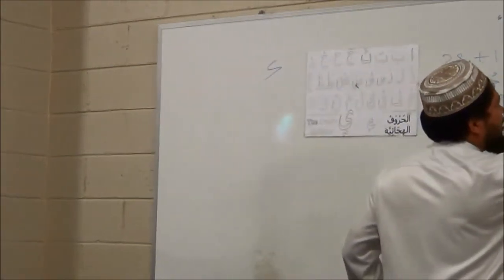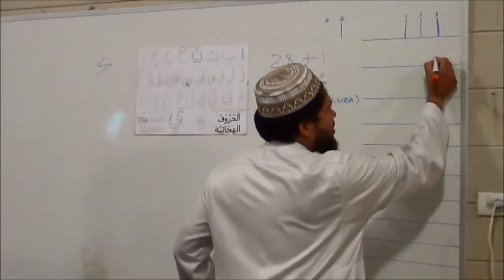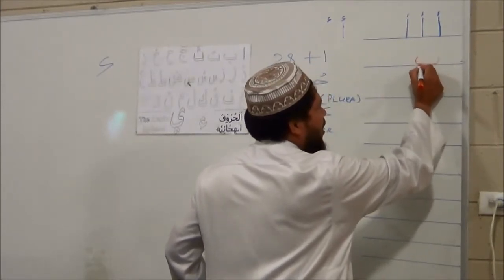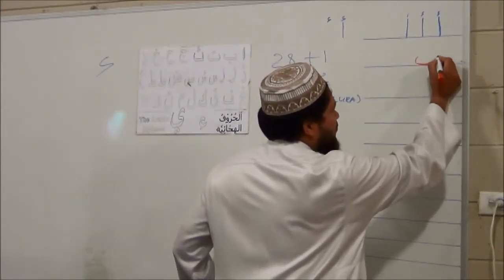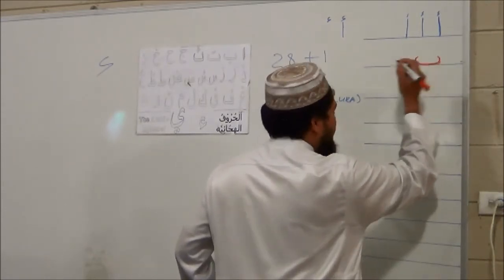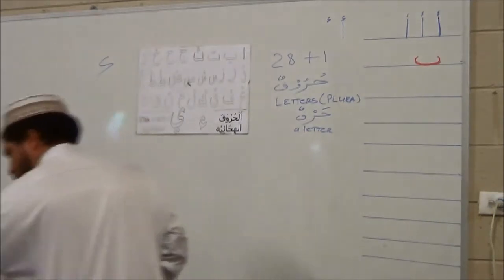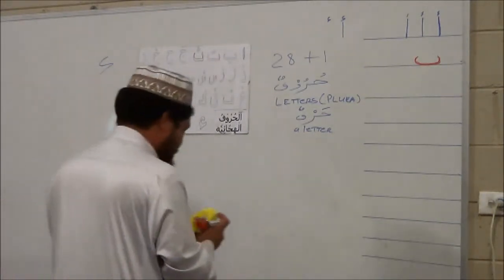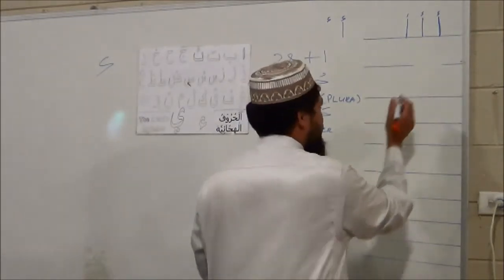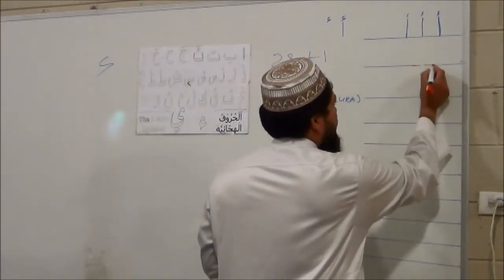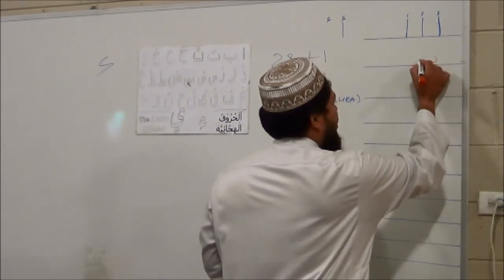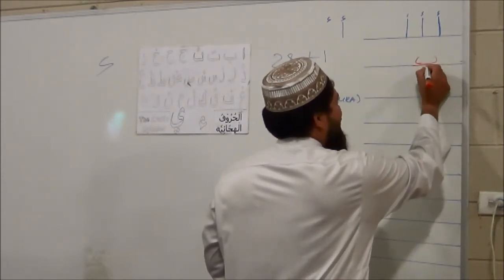So, let's look how we form the letter Ba. Also above the line, start one side, make a smiley face and round. Some of your handwritings will be much better than mine.